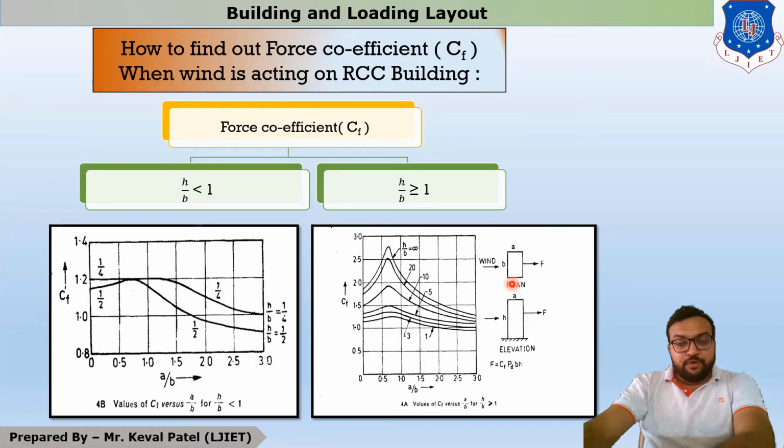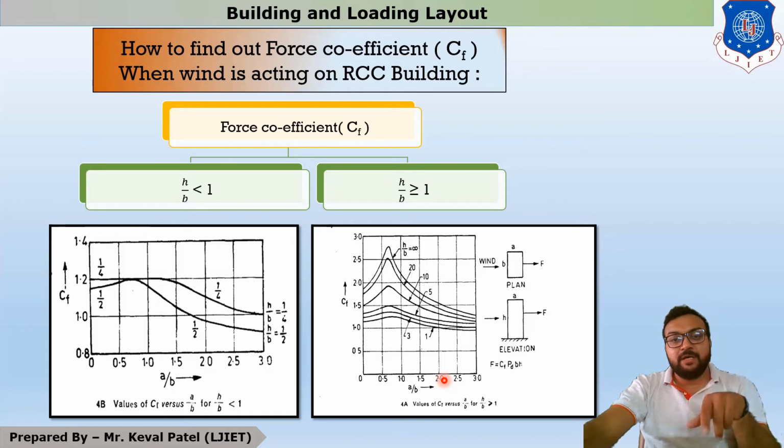In the plan there are two dimensions, L into B, in which this dimension is called A and this dimension is called B. Now if we have the values of A and B, then we have to find the A by B ratio, which is on our x-axis. Now another is H by B. We have the value of B, but what is H?